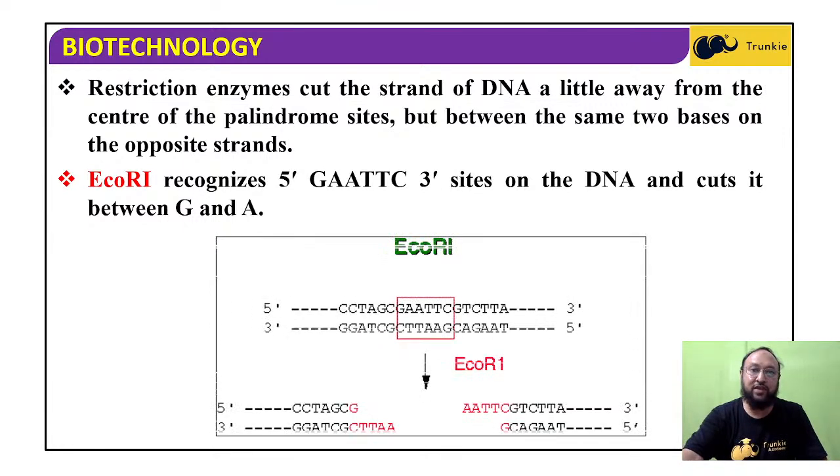Here you can see that on the upper strand it cuts between the G and A, and on the lower strand the cut is a little towards the right-hand side, while on the upper strand it is a little towards the left-hand side. So it is cutting the DNA into fragments at slightly different positions. This is called a staggered cut by the restriction enzyme.